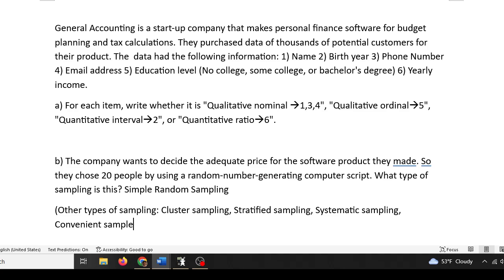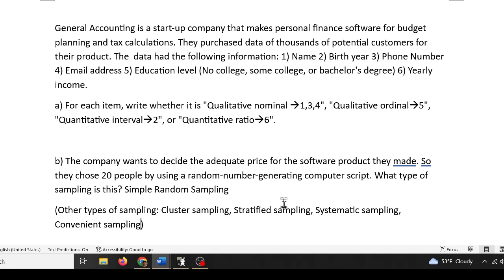So this will be when you take the survey out in the street and just ask people that you meet, or you make a website and just take a poll there. Like things that are easy to get, but often the convenience sample would not give you a good representation of the population. So you should really be careful when your sample comes from convenience sampling.